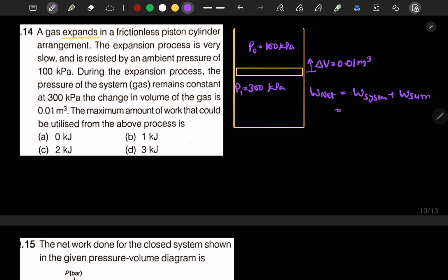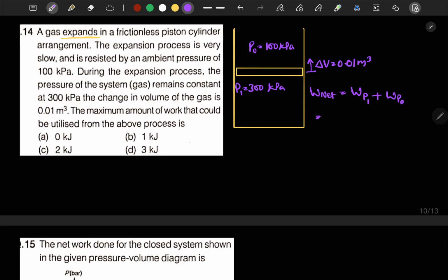So work done due to both of these things will be net work done. Okay, let me tell you another way. So net work done will be work done due to pressure P1 plus work done due to pressure P naught.